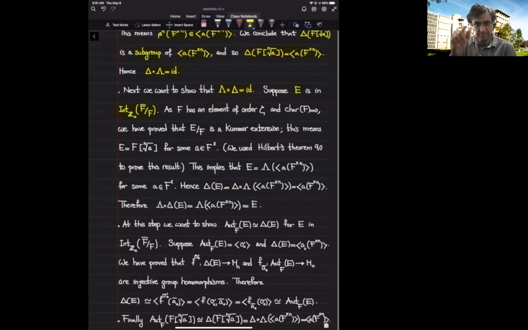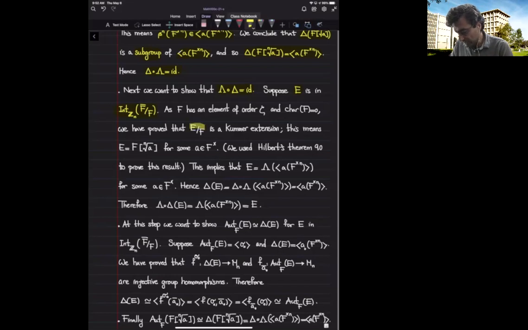And when we apply sigma to the i's, we get that they are zeta to the i times beta, so we get different elements inside this orbit, and all of them should be zeros of the minimal polynomial. From there, we deduce that the minimal polynomial looks like x minus beta times x minus zeta beta, and so on. From there, we deduce that beta to the n is an element of the base field, and this is how we proved that such an extension is always a Kummer extension.